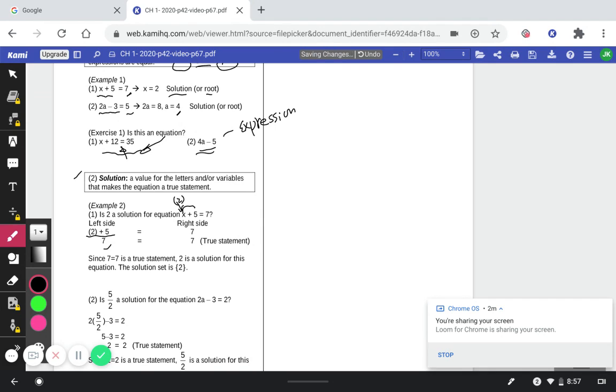Is that equal to the right side value, which is 7? Yes, it is. So left side equals right side, so it is a true statement. So 2 is the solution for this equation, and 2 is the root for x as well. Since 7 equals 7 is a true statement, 2 is the solution for this equation. The solution set is 2.